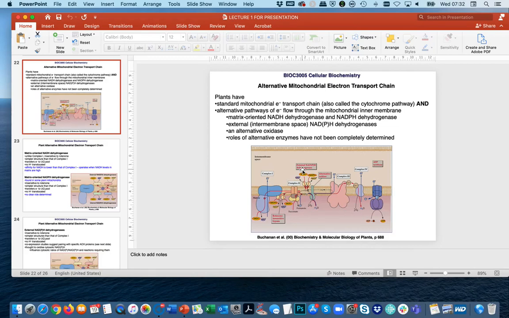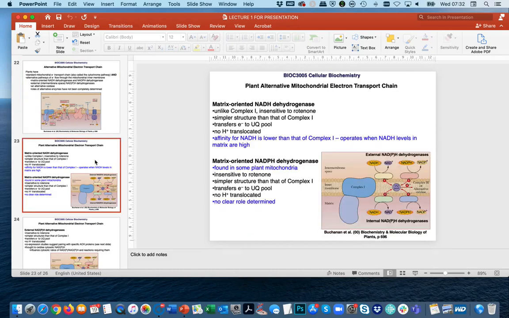In addition, plant mitochondria also have an alternative oxidase. So they have cytochrome oxidase, but they also have an alternative oxidase. The roles of these alternative enzymes have not all been completely worked out. We know what some of them do, but not all of them.